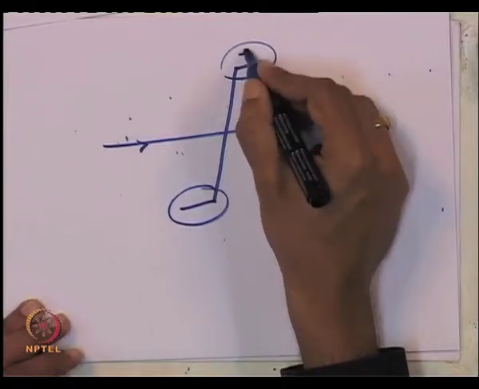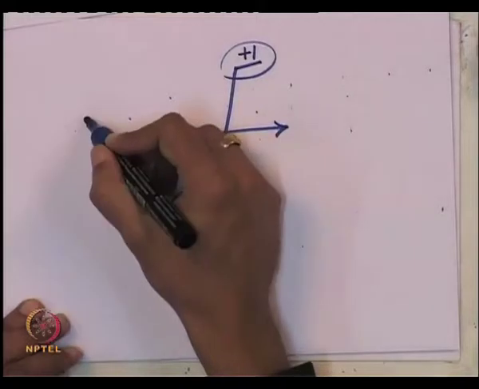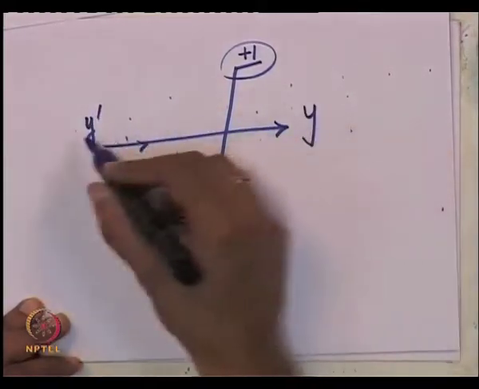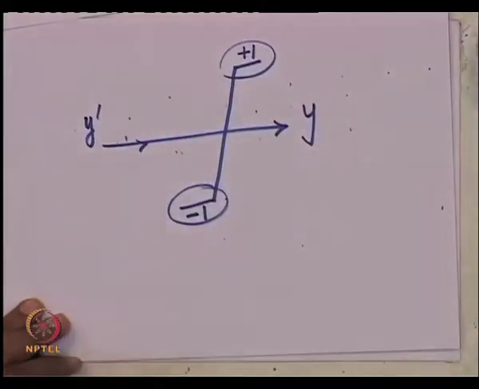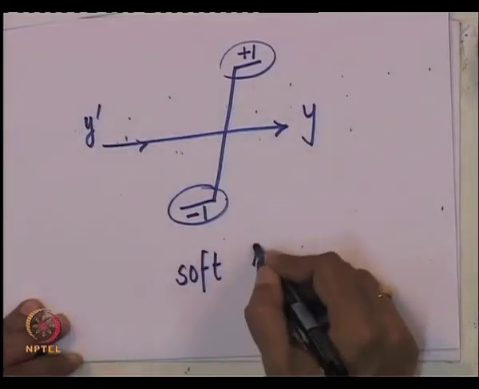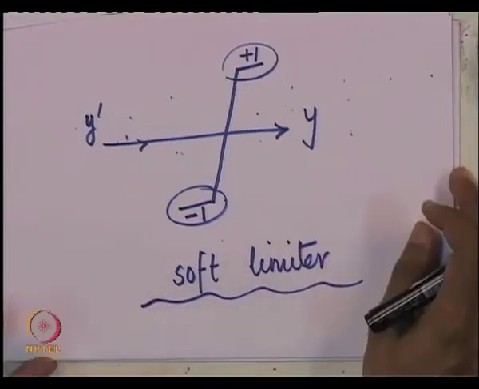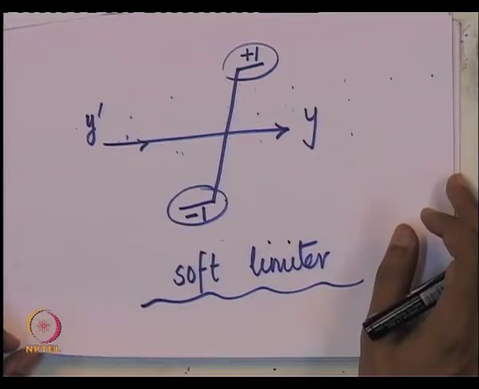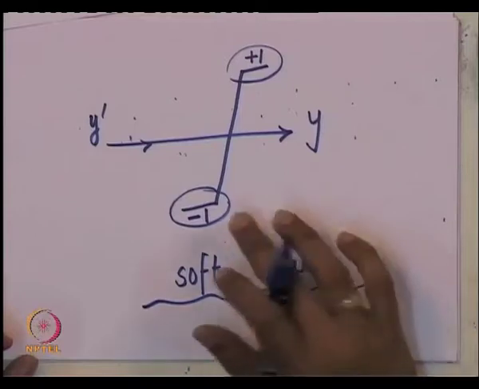So, if I specify this value as +1 and -1, in that case, y will not be equal to y dash if y dash exceeds these limits, it will just get clipped at that limit. This is often called what is known as a soft limiter. In fact, we have used the limiter to model the static converter, which is used in the excitation power apparatus. Okay. Now, this is simply a clipper, okay.